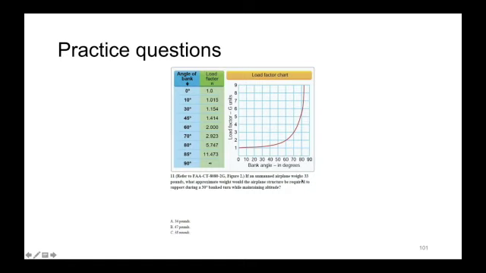If an unmanned airplane weighs 33 pounds, approximately what weight would the airplane structure be required to support during a 30-degree bank turn while maintaining altitude? So this comes back to that load factor on the wings of a fixed wing. So we look at the aircraft, which weighs 33 pounds, and the turn is going to be a 30-degree bank. So we go up here and look at 30-degree bank, and it's 1.154.